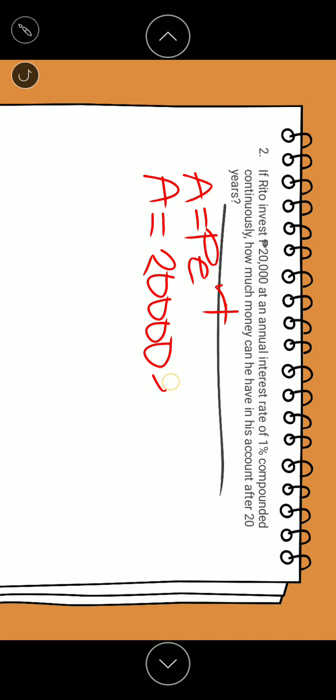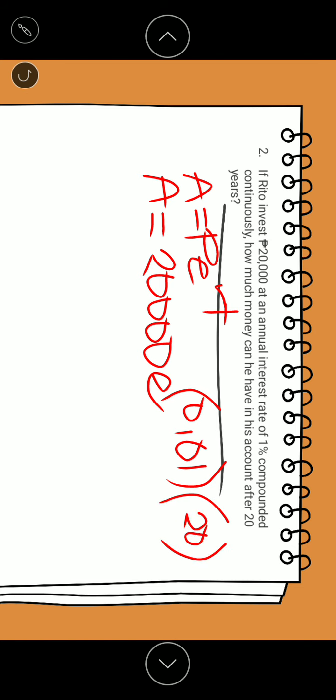Then E to the power of 0.01 for the interest rate, and our time is 20 years. Next, multiply the exponents. So we copy again 20,000 Euler's number. So 0.01 times 20 is 0.2.